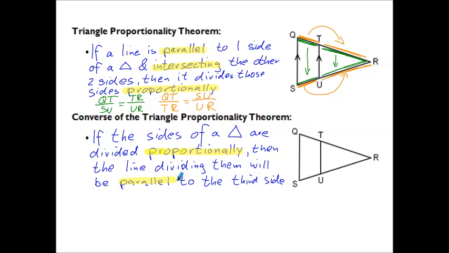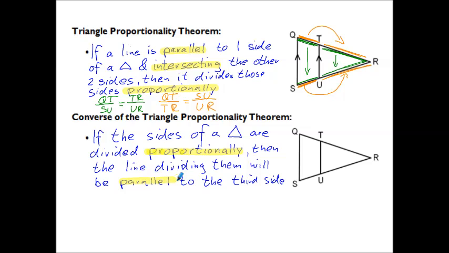Again, the converse flips the two parts of the statement around. This time we don't know that the line dividing the segments is parallel. We need to find it out given the length of the segments that are created.